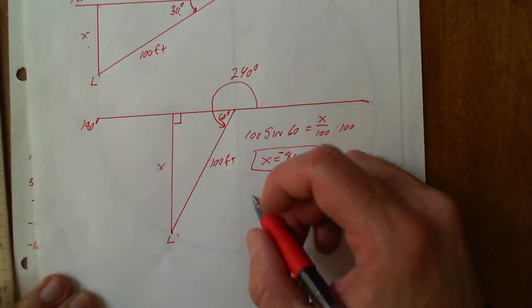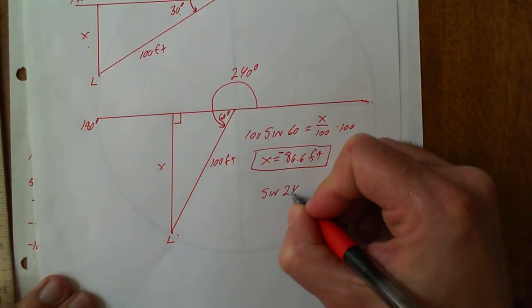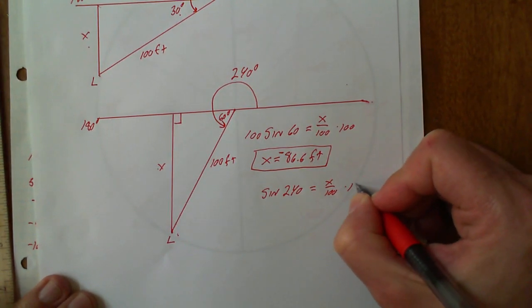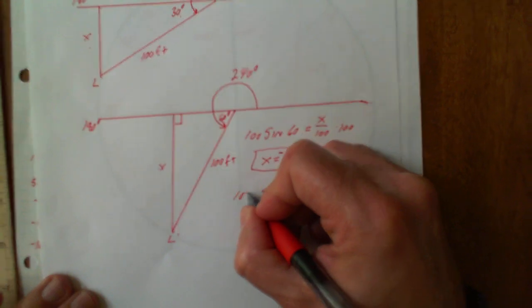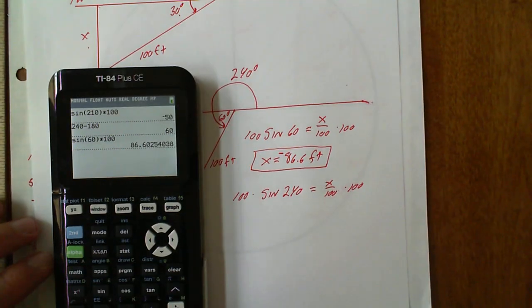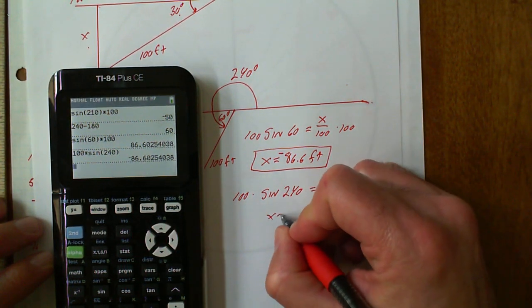So let's calculate the way it should be. Sine of 240 equals x over 100. Multiply both sides by 100, and 100 times sine 240 gives us negative 86.6.